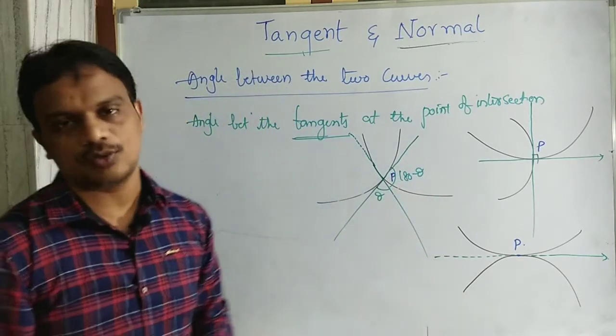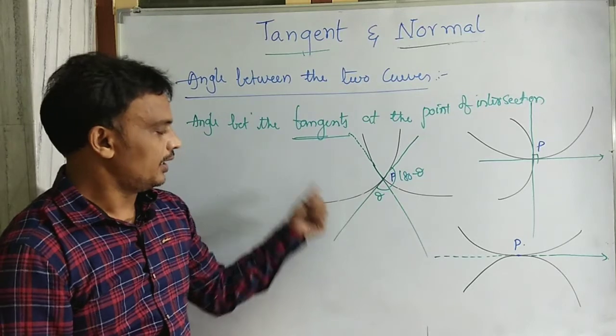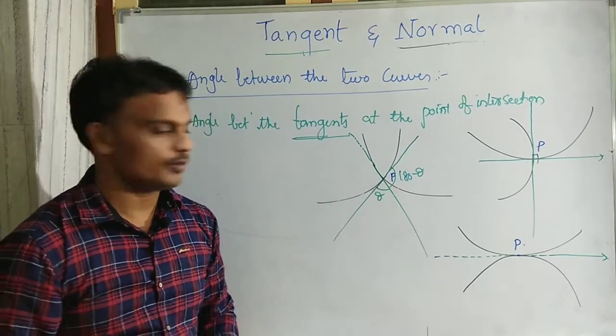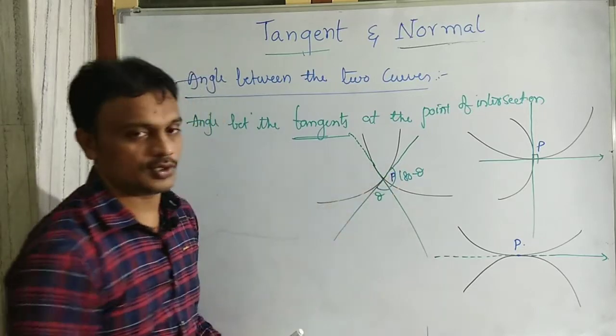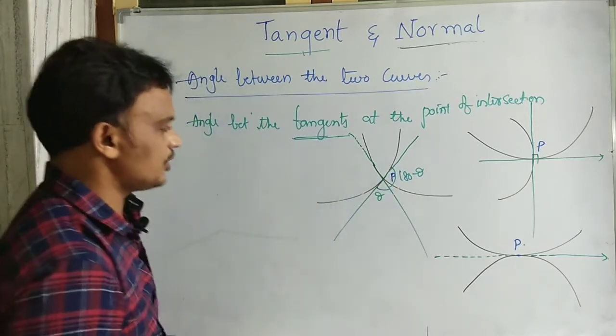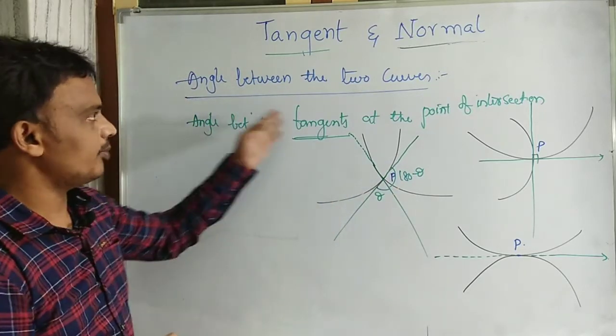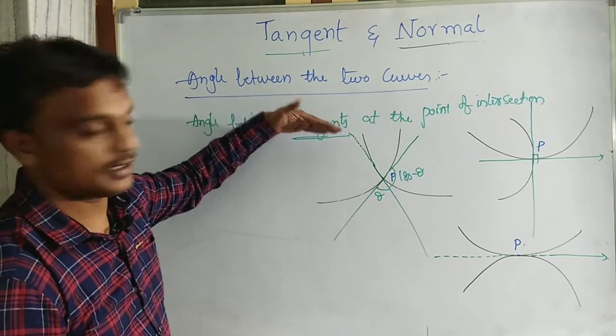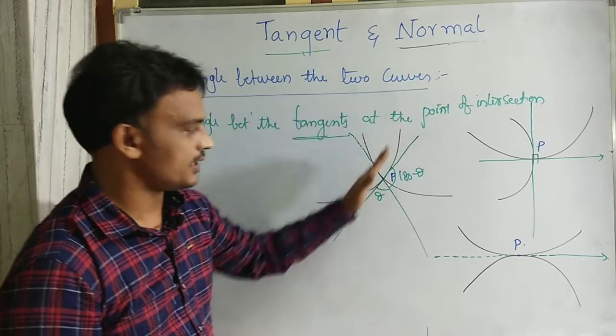Generally, the angle between two tangents means we take the acute angle. Only if mentioned particularly will we find the obtuse angle. Anyway, finally, the angle between two curves is nothing but the angle between the tangents at the point of intersection.